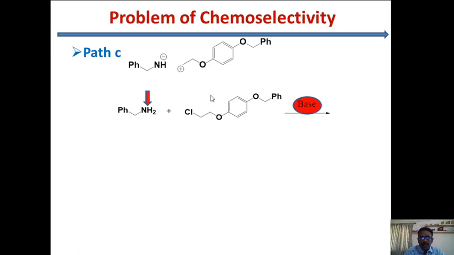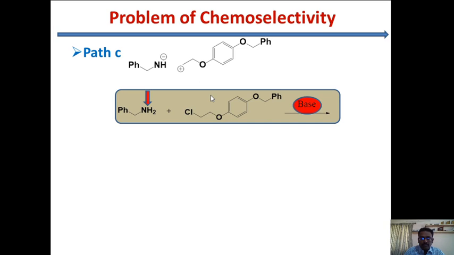But here you see we have the amine, and we have only one acidic proton. Of the two reagents, only in one reagent we have the acidic proton. There is no problem at all with this, isn't it?